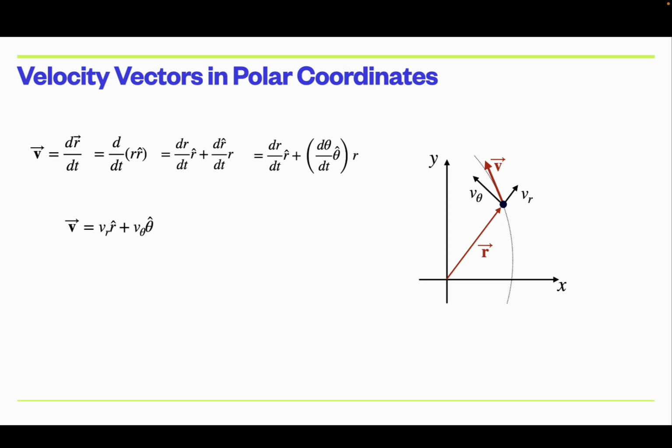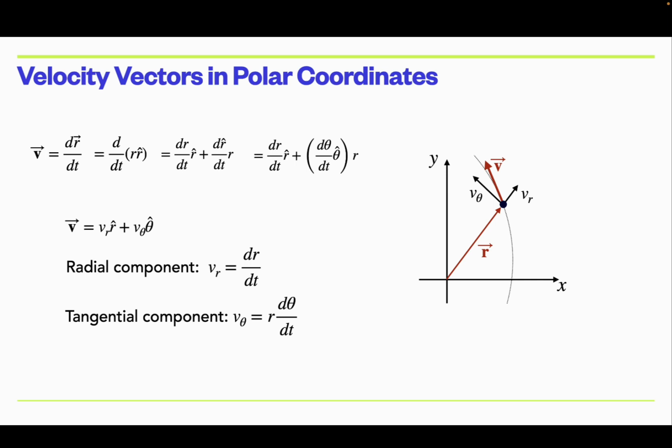And that's it. So now we can say the component of our velocity in the r hat direction, we're going to call that vr. The coefficient in front of the theta hat unit vector, we're going to call v theta. So we can identify vr must just be dr dt. That's the radial component.